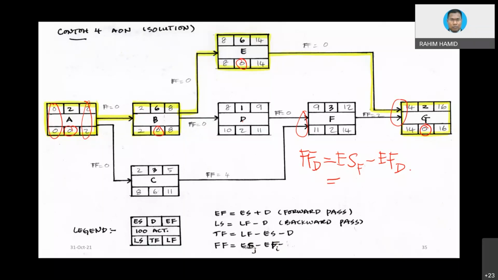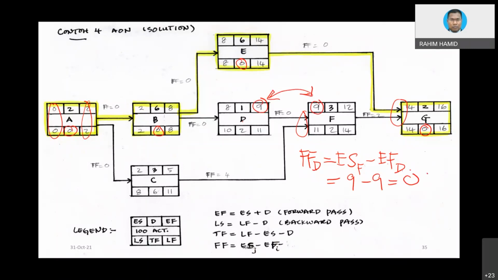For sure, this is the early start of F, 9. How about early finish of D? This value is easily available. It is written there very clearly. So if you compare between this value, 9 minus 9 equivalent to 0.